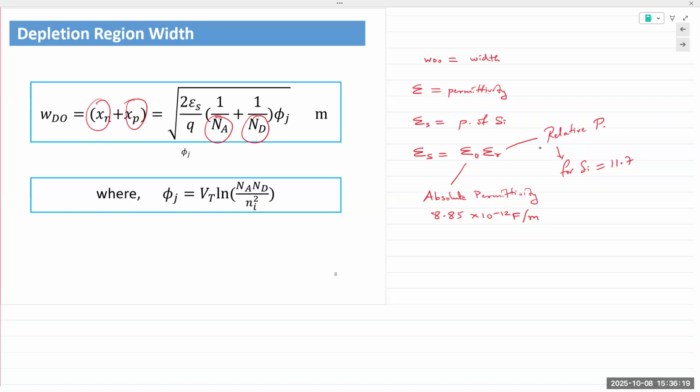Capacitance C is given by epsilon A over D, where A is the cross-sectional area of the two plates, and D is the distance between them. And epsilon is again epsilon 0 times epsilon R.